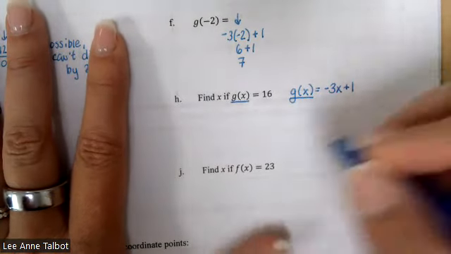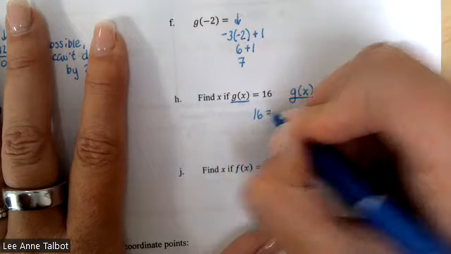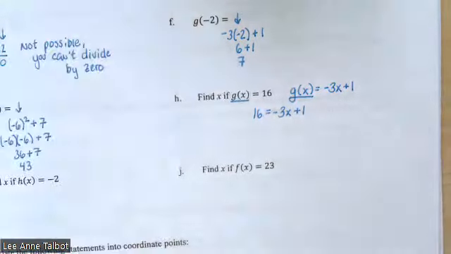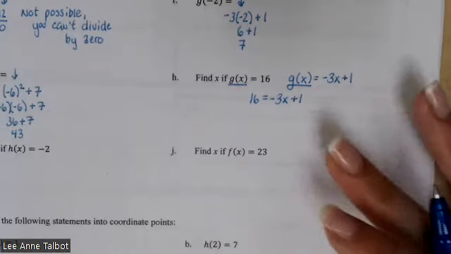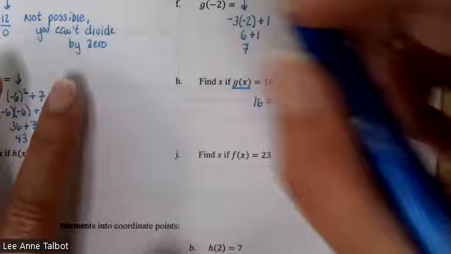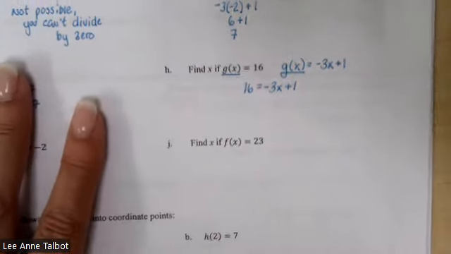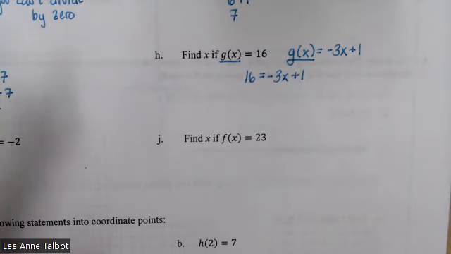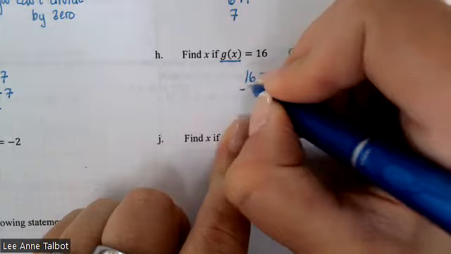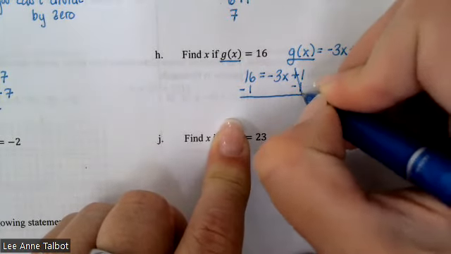G of x is this. 16 equals negative 3x plus 1. So you don't input, you equal it. Again, you don't input, you equal it. And then you have to use your inverse operations to solve the equation. So minus 1, minus 1.